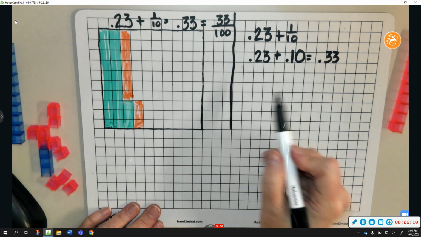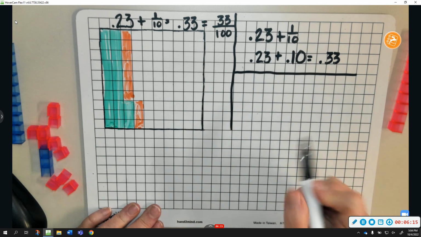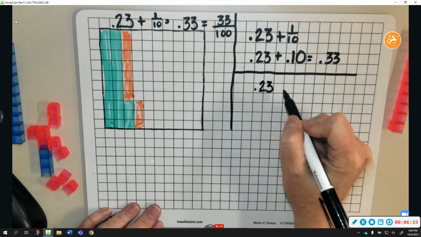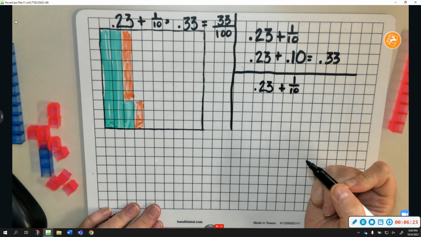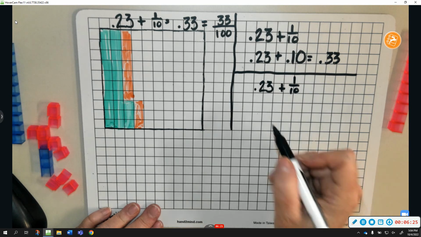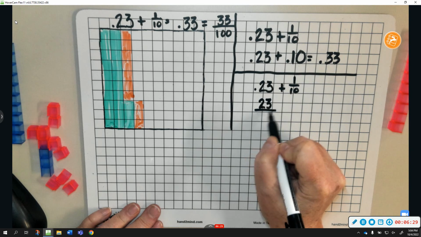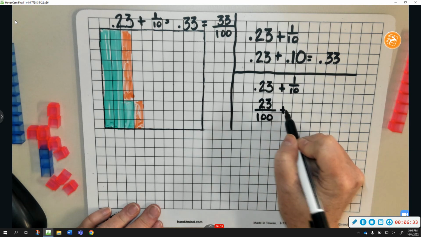Now if we wanted to, that's another strategy, if we wanted to turn 23 hundredths into a fraction, it's really simple. You just have to think of the way that you're saying it, and this is 23 hundredths. And we're adding 1/10.